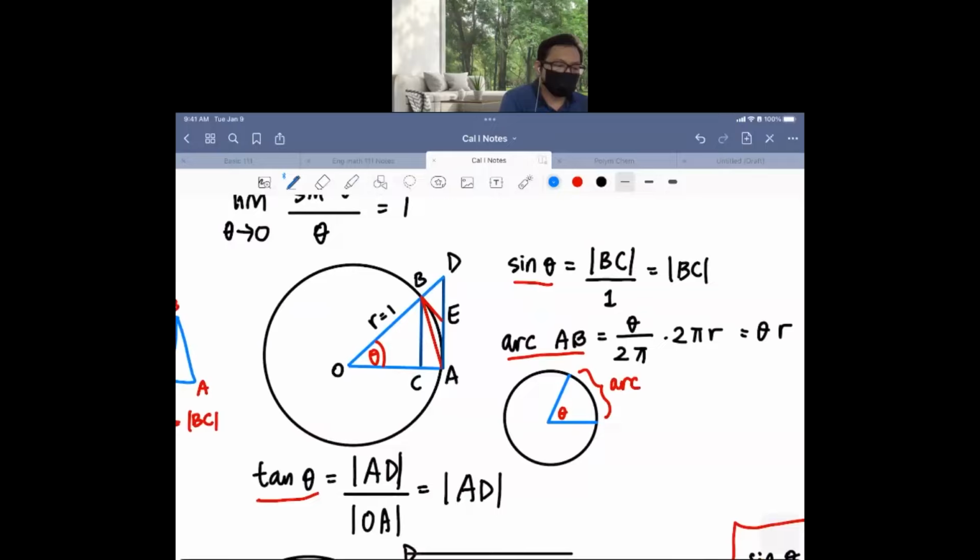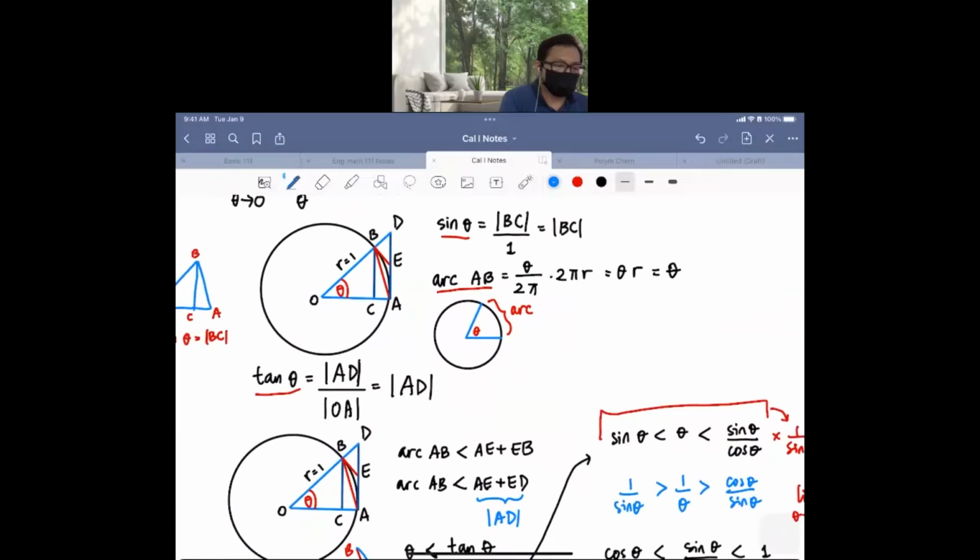That is the tangent. So we have at least 3 functions from there: sine, theta, and tangent. And we need to simplify the inequality to prove that we can make out our squeeze theorem from this sine, theta, and tangent. That's the idea.